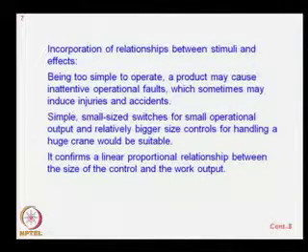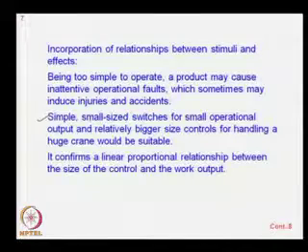Incorporation of relationship between stimuli and effects. A few minutes before we mentioned this matter. Now, being too simple to operate, a product may cause inattentive operational faults, which sometimes may induce injuries and accidents.